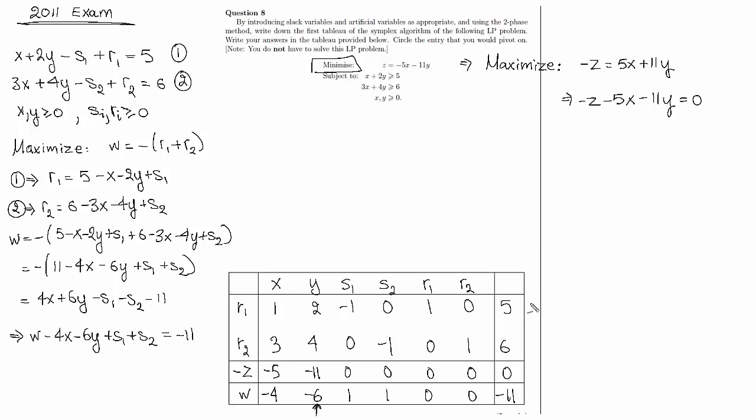And now we need to check the ratios: 5/2, and then 6/4. Now we need to choose the smallest of these ratios, and that would be the row that we would pivot on. So since this is the smallest ratio, that means we would pivot on 4. This column and this row, 4. And this is the two-phase method.